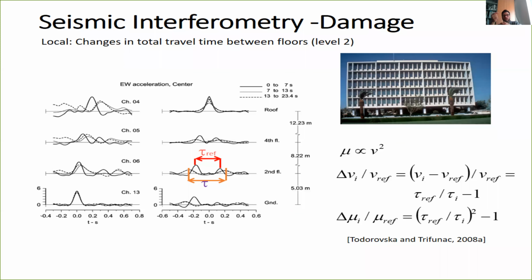If this is not true, the operation should not be valid. That's why I select many smaller windows on which I do the operation, and I assume that in each small window everything is linear. But from one window to another, my transfer function can change. So I make an assumption of linearity in each single window of time that I'm using.